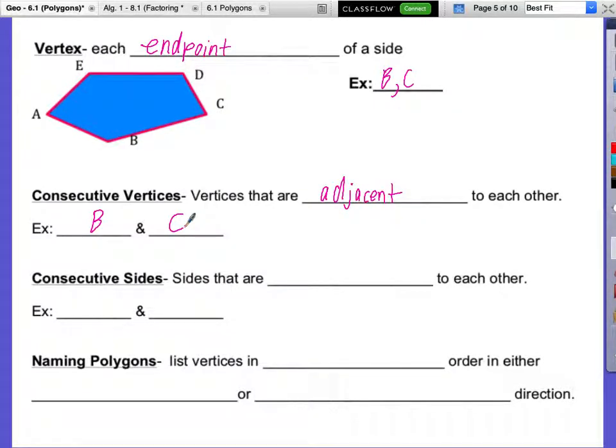Consecutive sides. Sides that are blank to each other. Opposite. Consecutive vertices are vertices that are adjacent to each other. Consecutive sides are sides that are adjacent, next to each other.